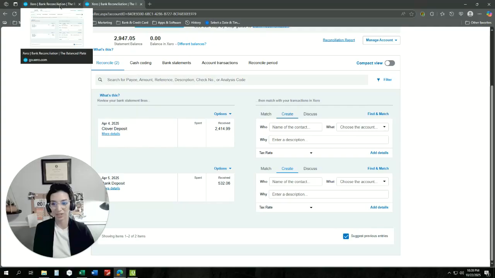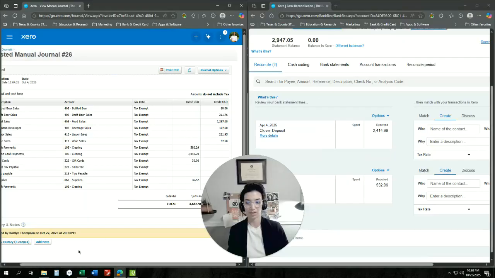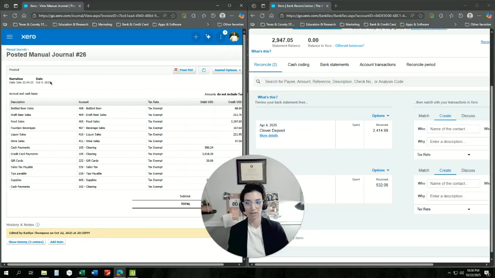And if we take a look at our daily sale for the 4th, here I've got that open on the left. You can see here our cash payments and our card payments, they don't equal our cash and our card outstanding on our bank. So what's going on? Well, the first step I would take is to make sure that there aren't any timing differences.